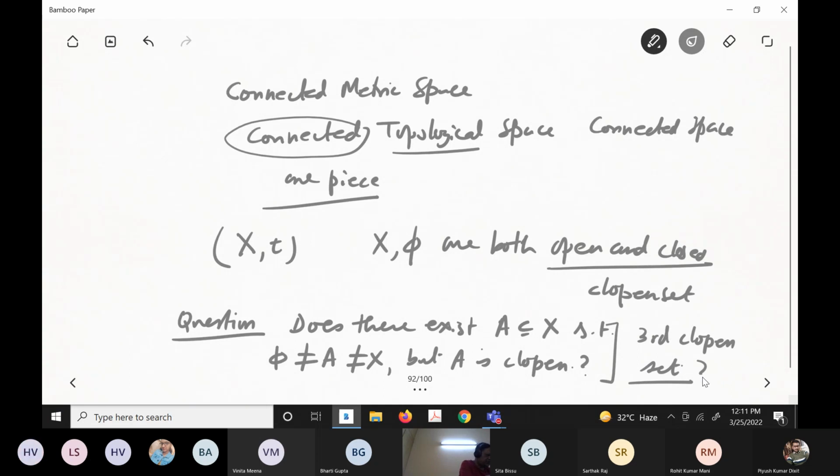Why is it an integrated piece? Now look, if you have a third closed-open set A, then you will get another one, X minus A, which will also be closed-open. Since A not equal to X, this will be not equal to phi. And since A not equal to phi, this will be not equal to X. So this will have the same behavior.